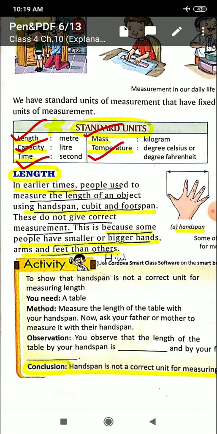Students, in earlier times, when standard units and different instruments were not there to measure length or mass, people used to measure the length of an object using their body parts, that is the hand span, cubit or foot span. So these are the body parts which people used to measure length in earlier times.